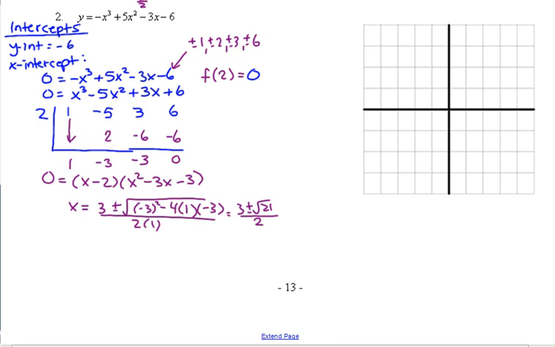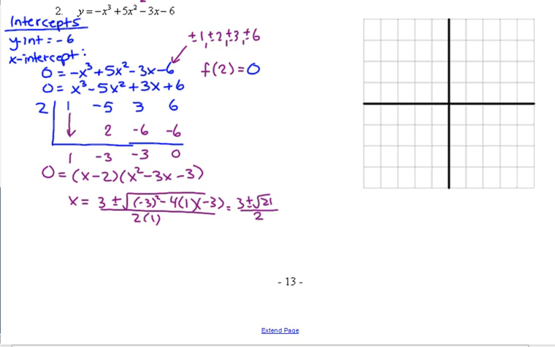Okay, what are they? Yeah? How do you find... If there's a negative inside the square root, then there's no x-intercept other than the 2. Because it's a cubic, so cubics could, right? But how do you find that value?